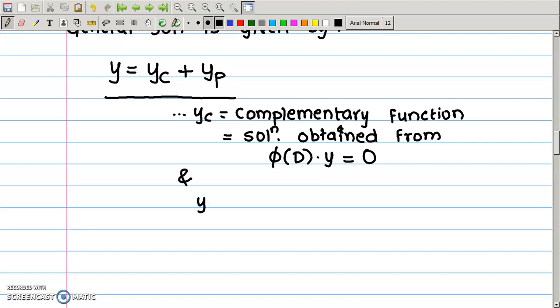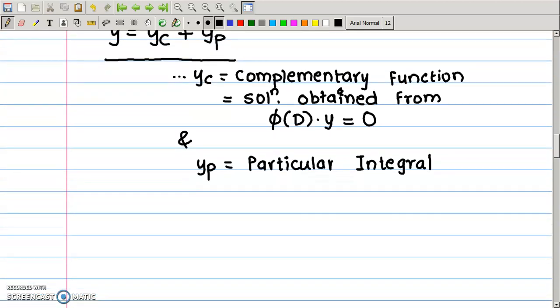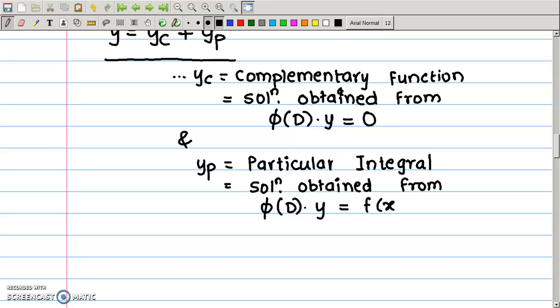And the value for yp is known as the particular integral. We can call it as PI, and this is the solution obtained from the differential equation phi of D into y equal to f of x. Here f of x will play an important role.